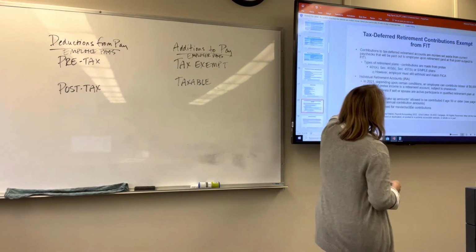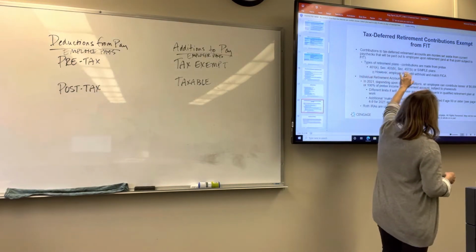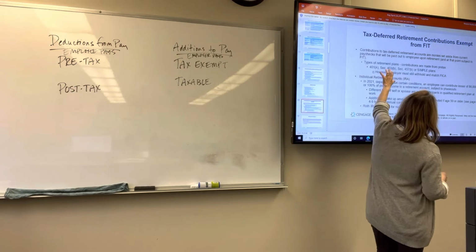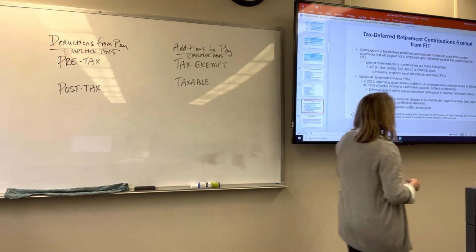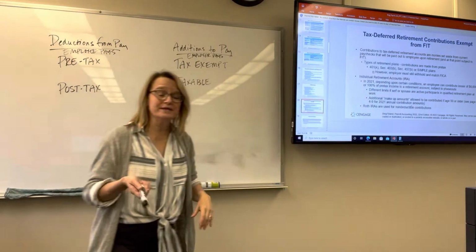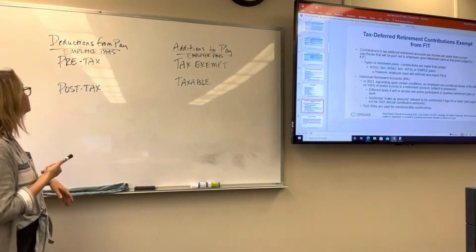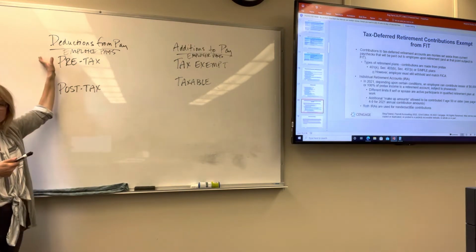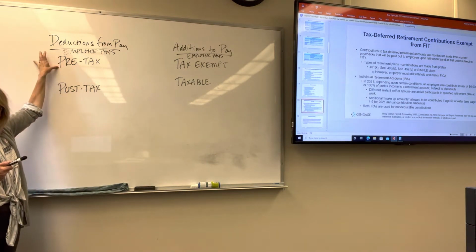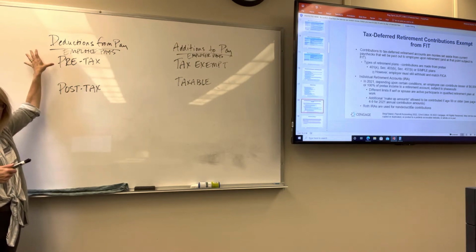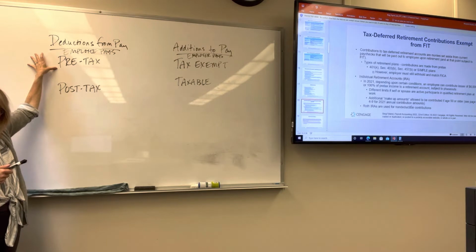The ones that we're mainly concerned about are these types of retirement plans. If the employee is making a contribution, they are pre-tax for income tax purposes. They are not pre-tax for Social Security and Medicare tax purposes.